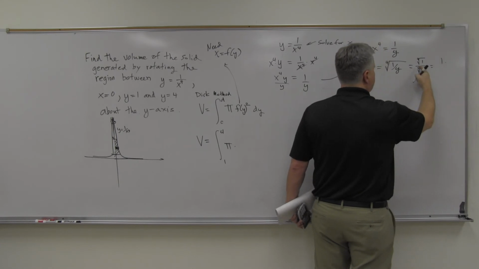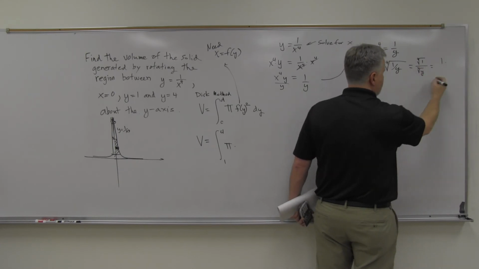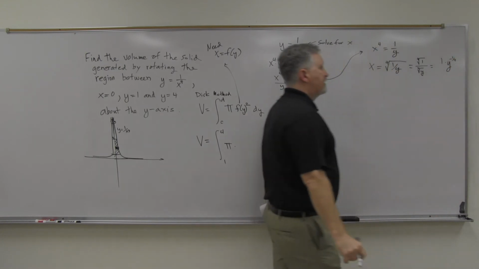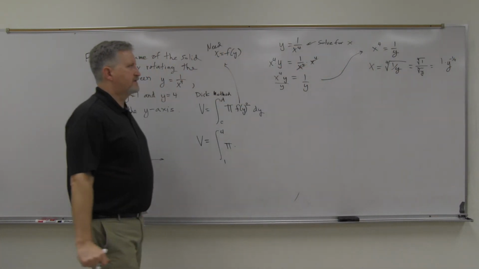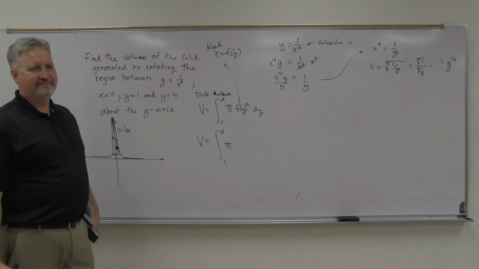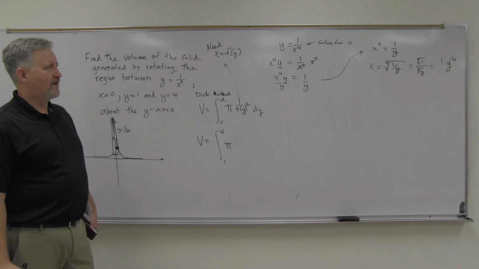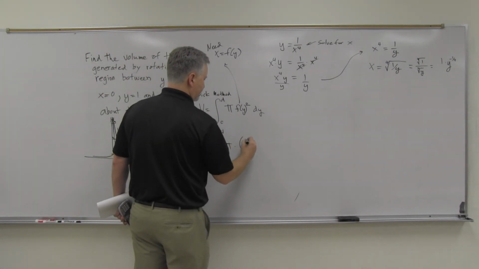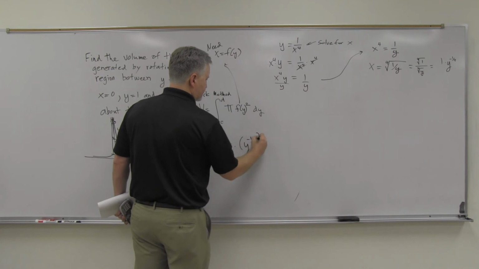And then 4th root of y in the denominator, wouldn't that be y to the negative 1/4 power? So that basically is the way I would want to write my function in terms of y. y to the negative 1/4. That's what this is, the function of y. Then I'm going to square that.